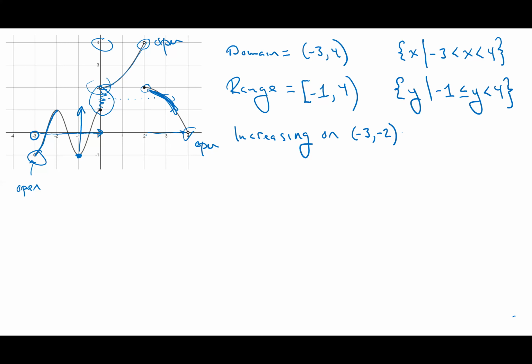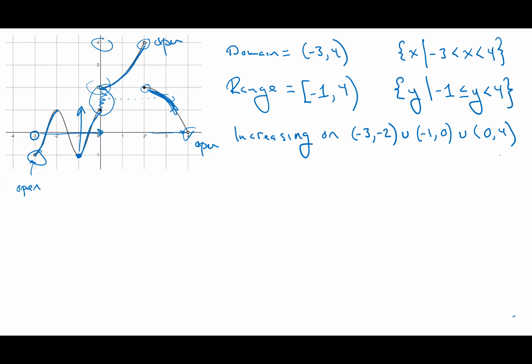It looks like it's increasing, so union, from -1 right here to 0, and then from 0 up to 4. Okay, notice these are open.